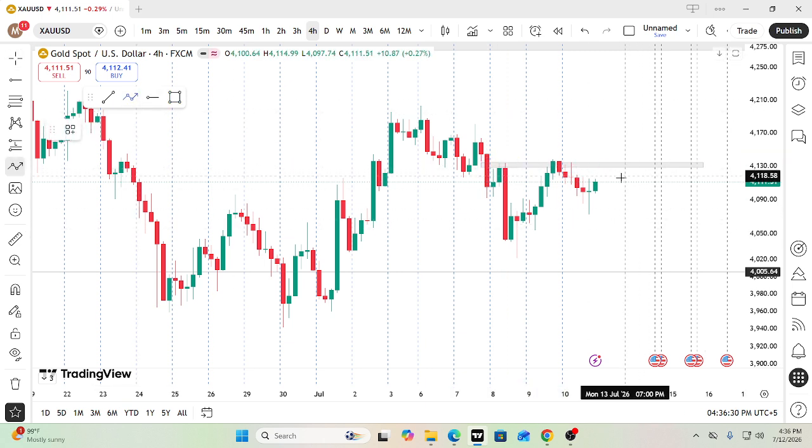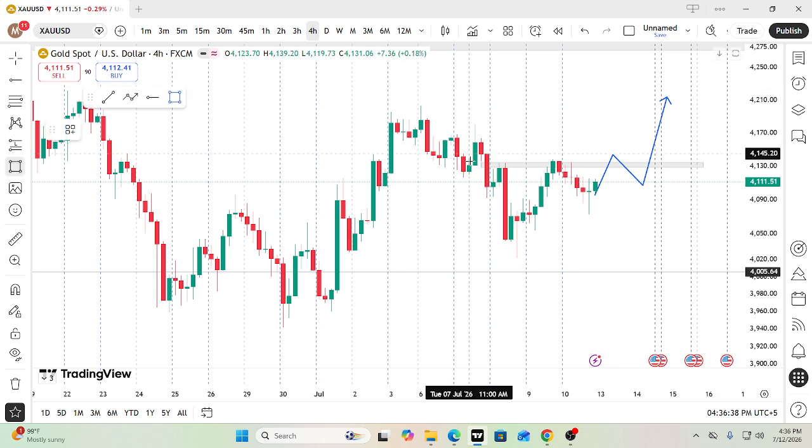If the market gives closings above this area, then on the pullback we can look for buy in gold. This would be the level for buying, 4105.